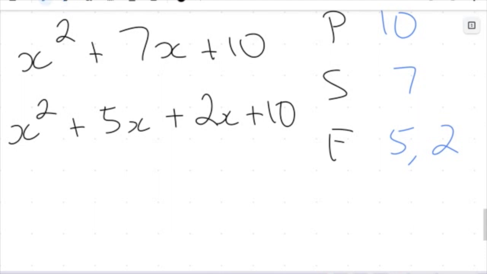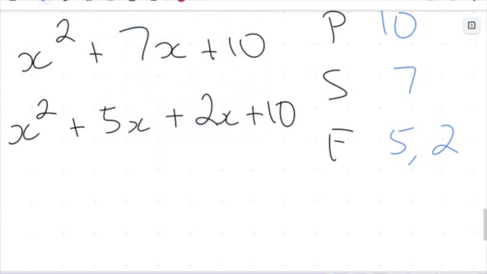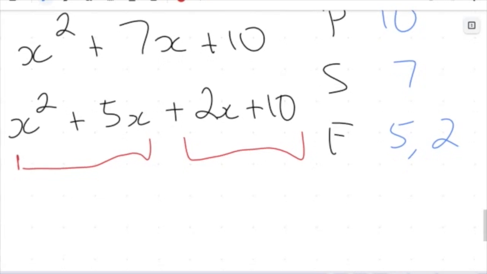Because notice, we've gone from 3 terms in my first expression to 4 terms in my next one. Now, what's something we could do when we had these 4 terms? If you think back to a couple of videos ago, we can consider these as 2 pairs, and we can group the pairs as well.